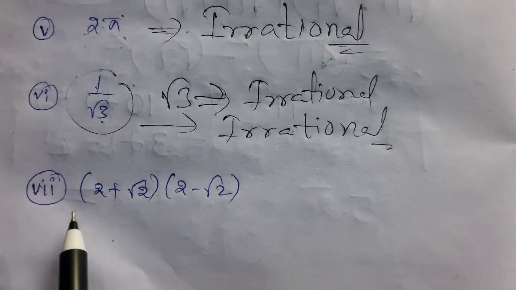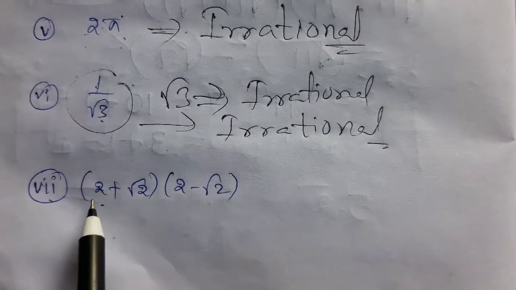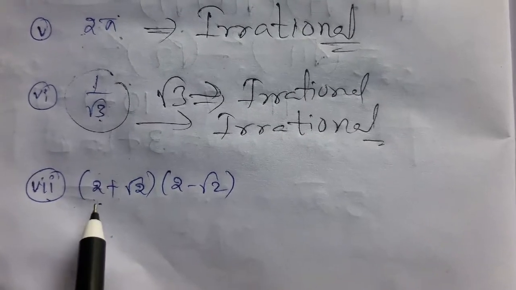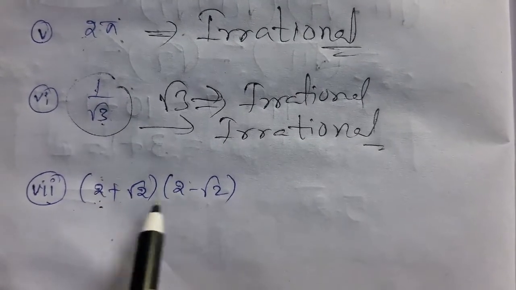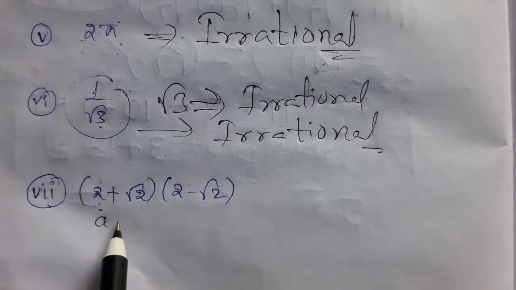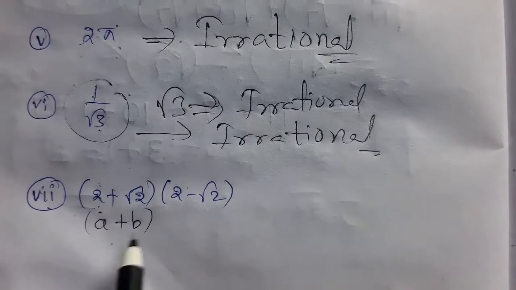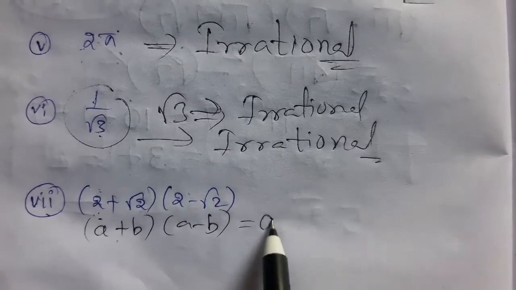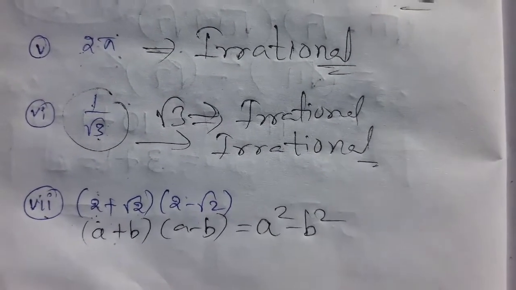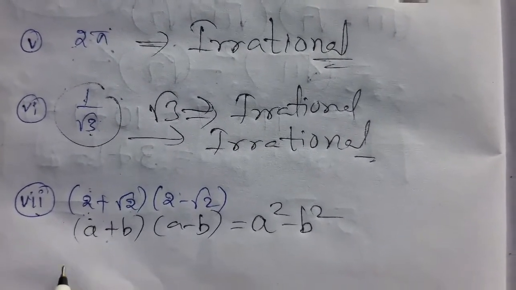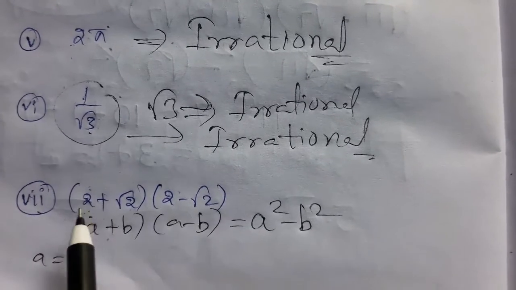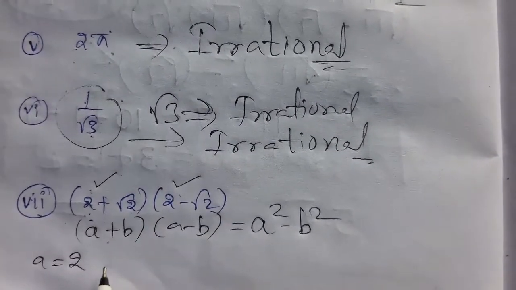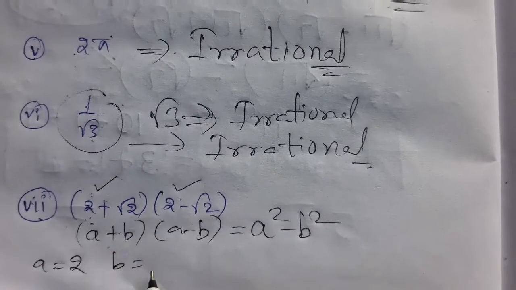Next question. See here. Both values are the same here, and here also both are the same. So a plus b into a minus b form. (a plus b)(a minus b) is equal to a square minus b square formula. Now here a value is 2. Next b value is root 2.